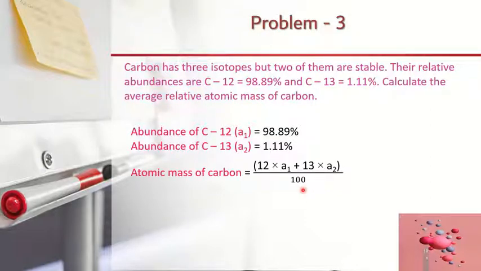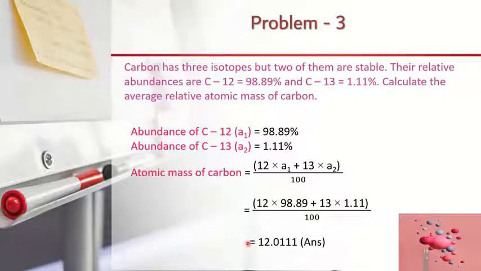In this way, you can calculate the relative atomic mass of an atom which has isotopes and their abundances are comparatively near. And it comes 12 into its abundance 98.89 plus 13 into 1.11 divided by 100. It comes 12.0111. It is the relative atomic mass of carbon.